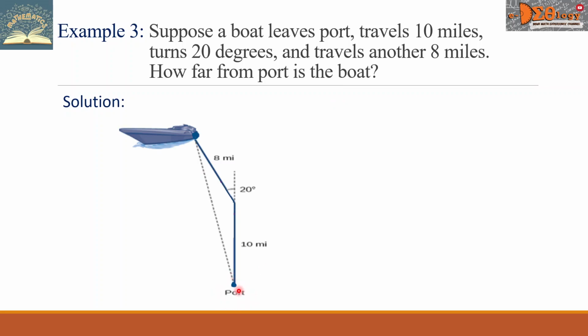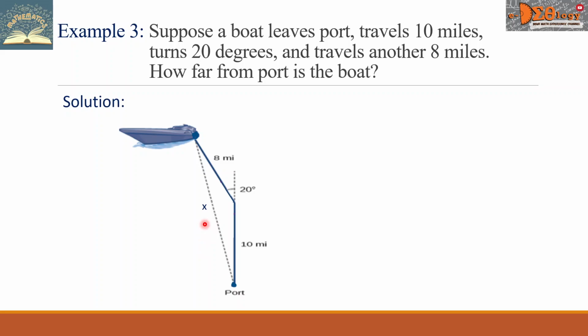This is the port. From port going straight 10 miles. After 10 miles, the boat turns 20 degrees to another 8 miles. This is now the final destination. Now we want to know the distance of the boat from the port, denoted by this dashed line.